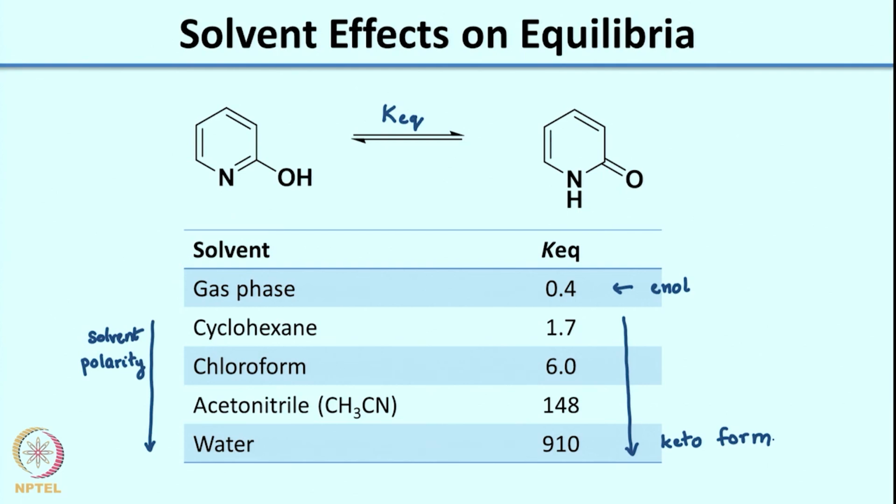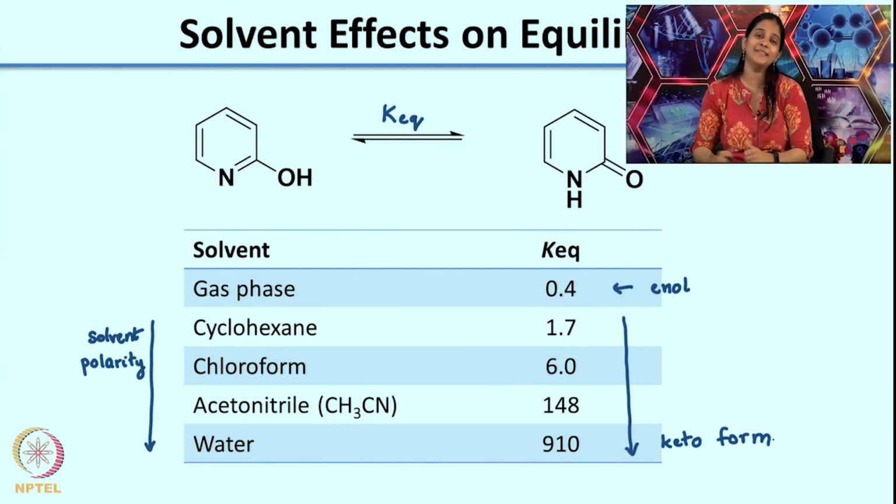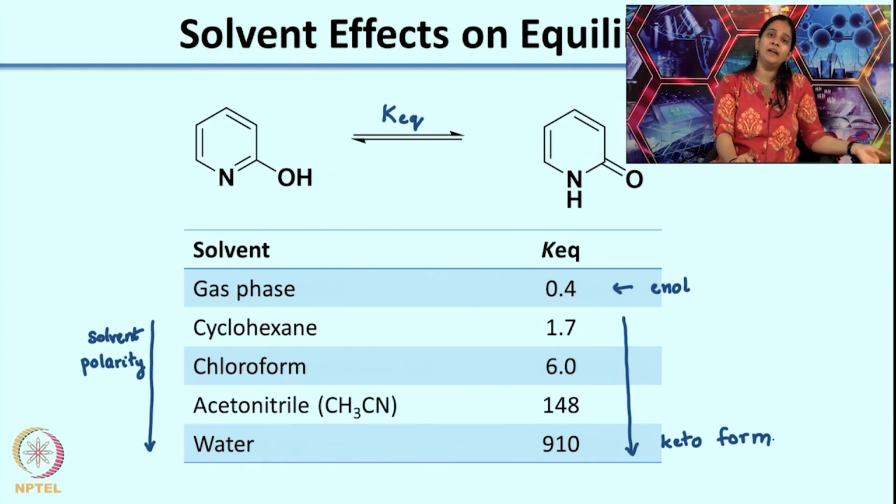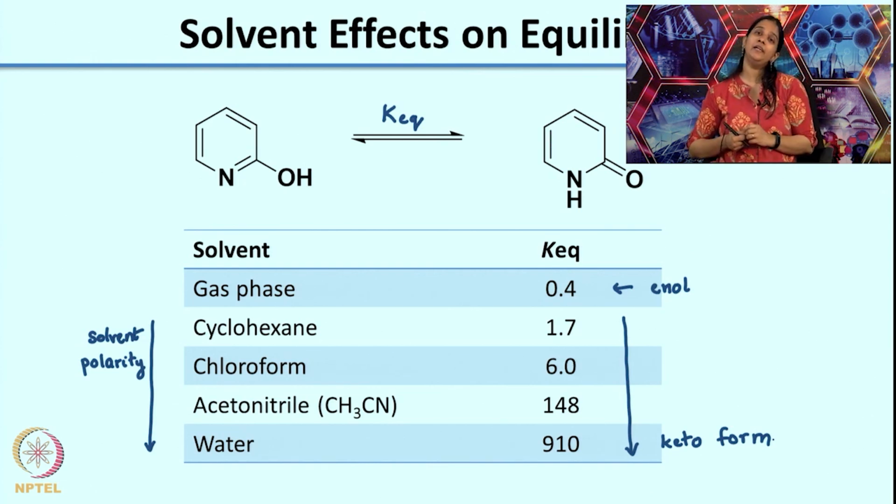Now there are a lot of research articles that talk about why there is this shift in equilibrium. Even as recently as a couple of years ago, you would still see papers that try to understand this shift in equilibrium. On one side you have an aromatic molecule, whereas on the other side you have the keto form.